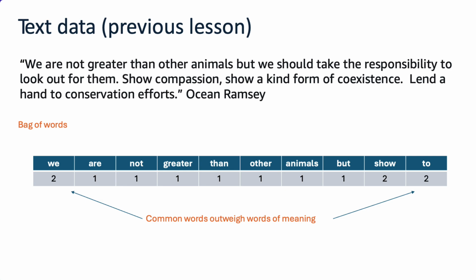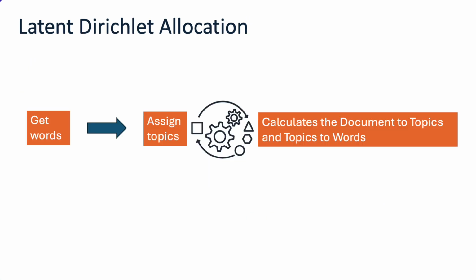So LDA will get words from all of the documents from the corpus of documents and create a large bag of words. Then it takes the words and assigns topics to the words, which are initially randomized topics applied to all of the words. Then it starts an iterative process to calculate the documents to a topic distribution and the topics to words distribution.